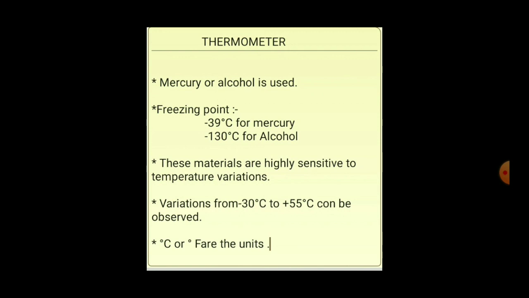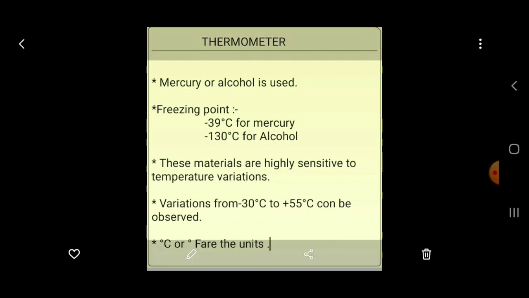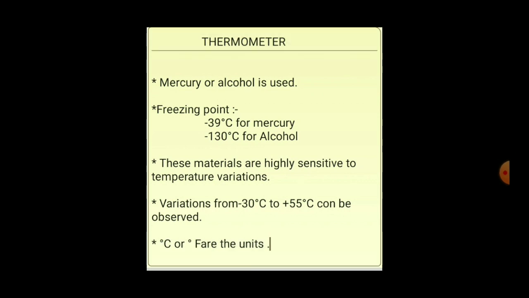Now, why only mercury and alcohol and no other liquid? Why not water or kerosene or some other liquid? The reason is that mercury and alcohol are highly sensitive to temperature variation. Even the slightest rise or fall in the temperature will make a considerable increase or decrease in the height of mercury or alcohol in the tube of the thermometer.